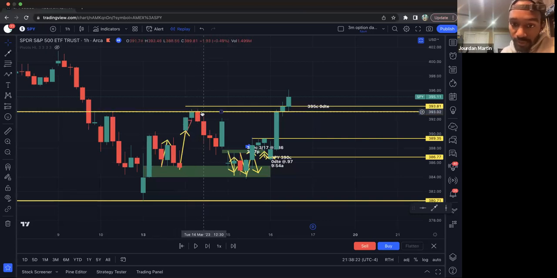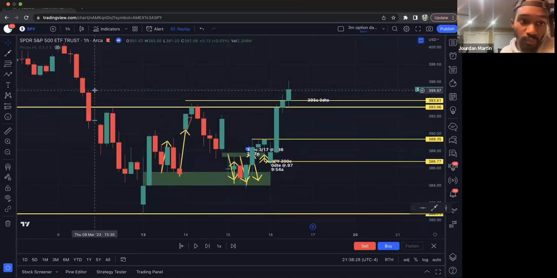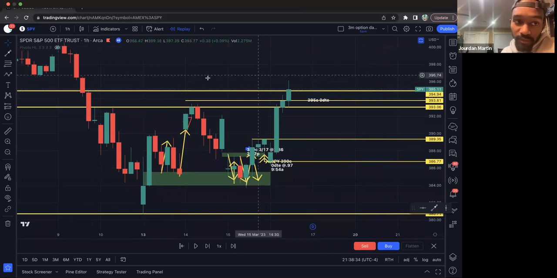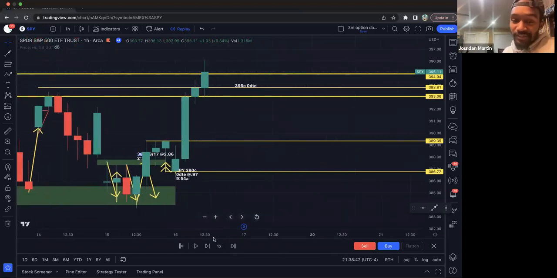It's these candles here. And then we have the 395, which is this, the high of this candle is 394.92. So just about 395. And then that was it for me. You know, I wasn't thinking it was going to keep going crazy, but it did. So that was a day trade.